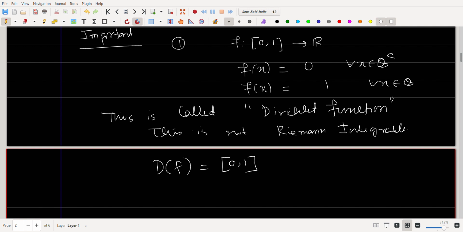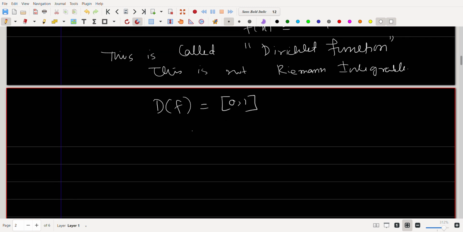So that's why this function is not Riemann integrable. You can prove it via the definition of Riemann integrability, but that will take a long time. But if you know this theorem, which is a very strong and very big result, then you can say directly that this is not Riemann integrable.